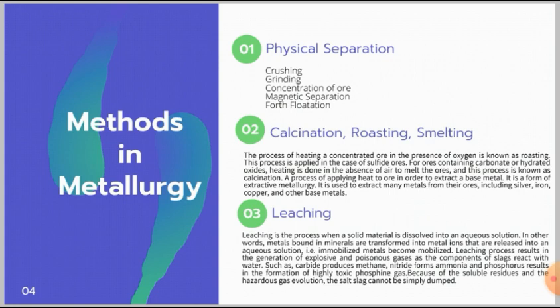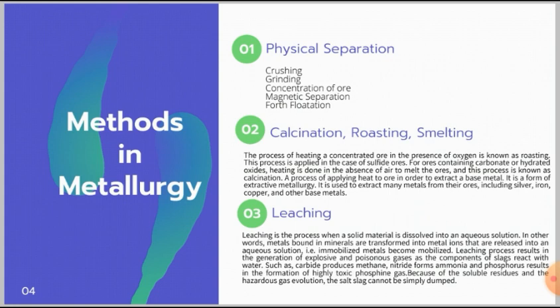For example, when zinc oxide is made to react with carbon in the presence of a high degree of heat, the zinc oxide is transformed into liquid zinc and carbon monoxide. This is known as smelting. When roasting gives you a liquid product, the process is known as smelting.